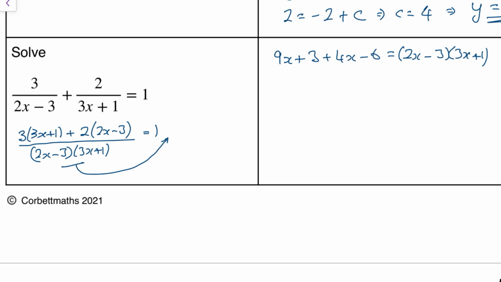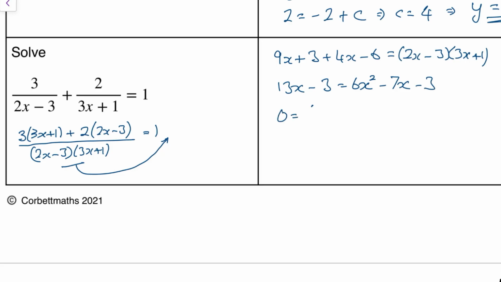Be careful of doing too many steps in one go, though, because you can make a silly error and you'll lose loads of marks for not showing what you're doing. Anyway, 9x plus 4x is 13x. 3 minus 6 is minus 3. Expand the brackets, which is going to be 6x squared plus 2x minus 9x is minus 7x. Minus 3 times 1 is minus 3.